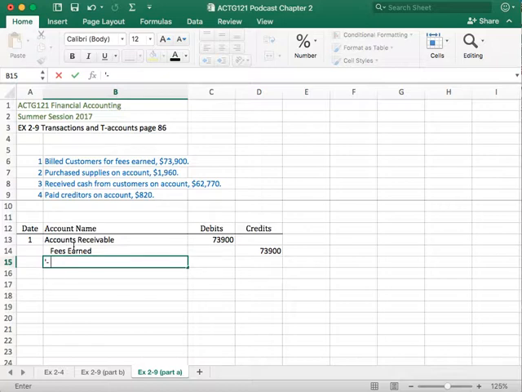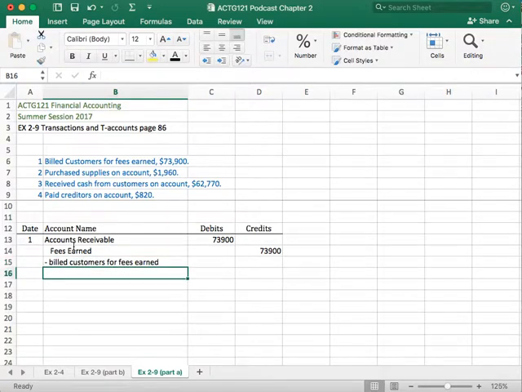And then your author said to please omit the explanations. I ask that you don't. So here we would just type, it's just a brief, billed customers for fees earned. That describes the transaction completely. A few words as an explanation.